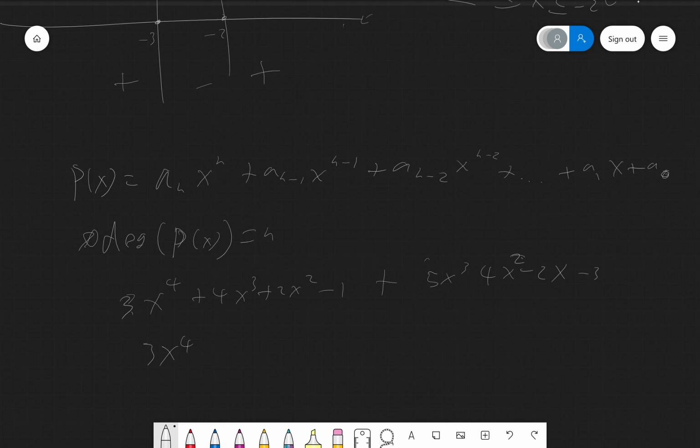Now what has x cubed? This is 5x cubed, so we add to get 9x cubed. Then we look at squares. We get 2x squared, and there's 4x squared, so there's 6x squared. Then we look at the x's, and there's none in the first one, but in the next one there's negative 2x. And then we look at the constants, which is negative 1 and negative 3, so negative 4. That's our answer. Simple like that.